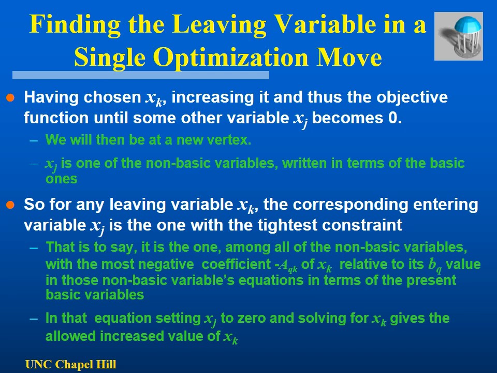The most constraining of these non-basic variables, therefore, is the one whose a sub qk is largest relative to its bq value, or equivalently such that the minus a sub qk, the coefficient of xk, is the most negative relative to its bq value.